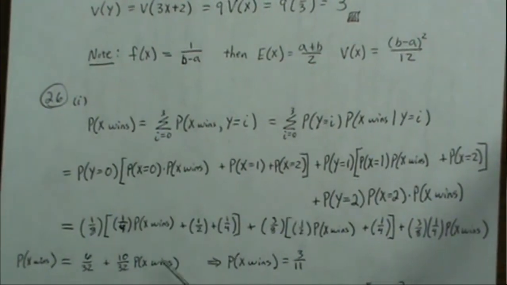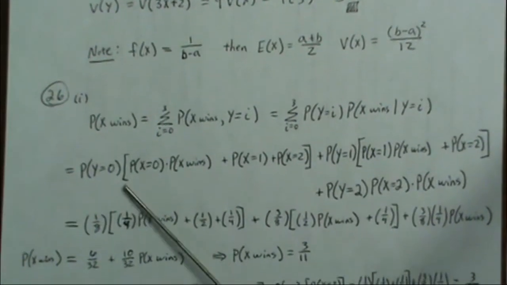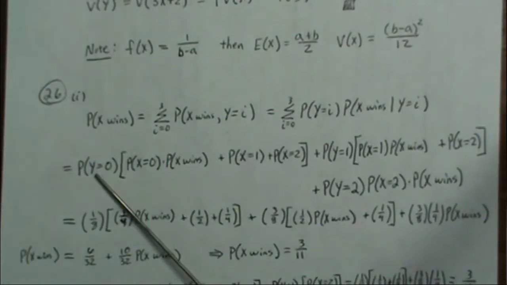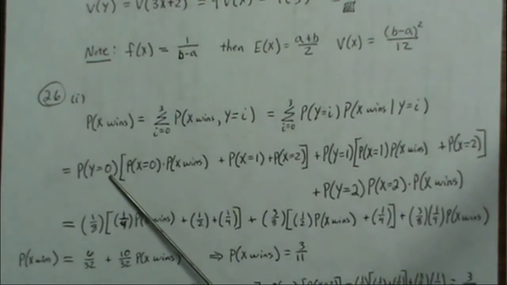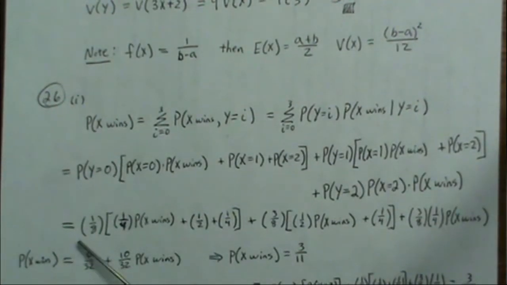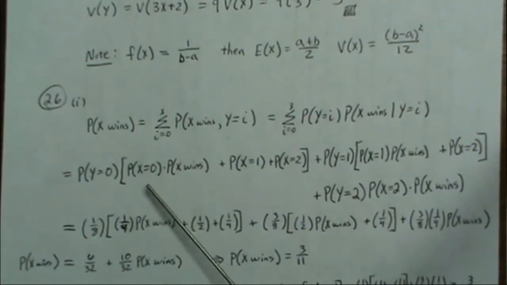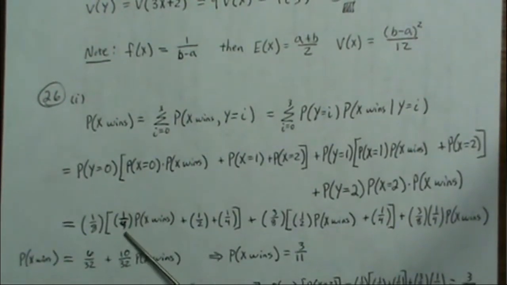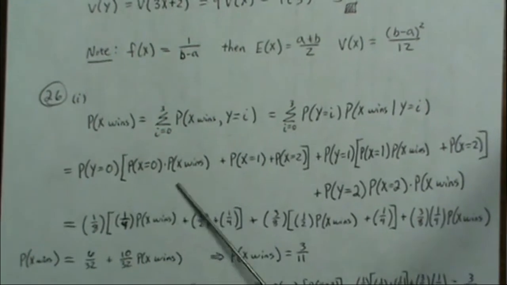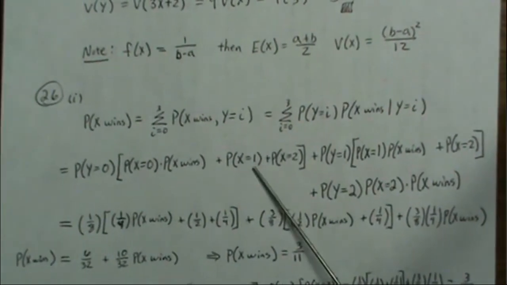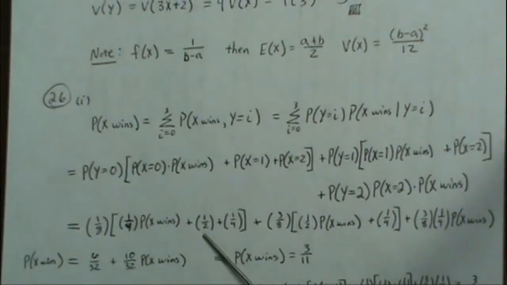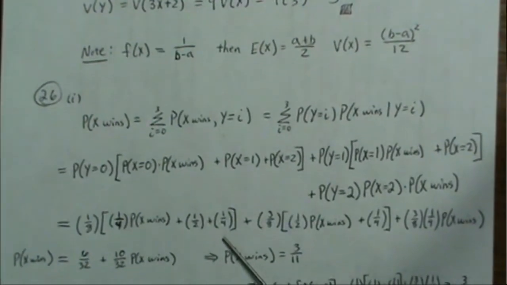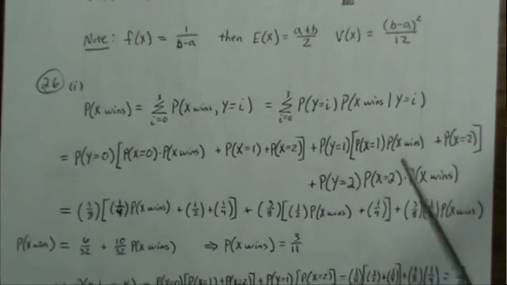Well, all these can be calculated. So the probability that Y rolls a 0 out of 3 is 1/8. The probability that X rolls a 0 is 1/4. And of course, we don't know the probability that he wins. X equal 1 is 1/2. X equal 2 is 1/4. And then we go to this one.